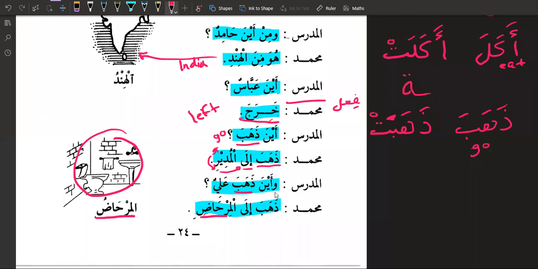Where is Hamid from? هو من الهند. He is from India. أين عباس? Where is Abbas? خرج. He left. أين ذهب? Where did he go? ذهب إلى المدير. He went to the head teacher. وأين ذهب علي? And where did Ali go? ذهب إلى المرحاض.